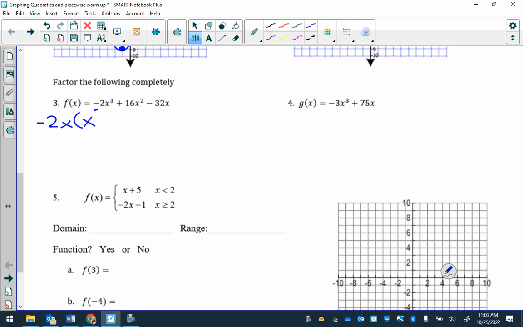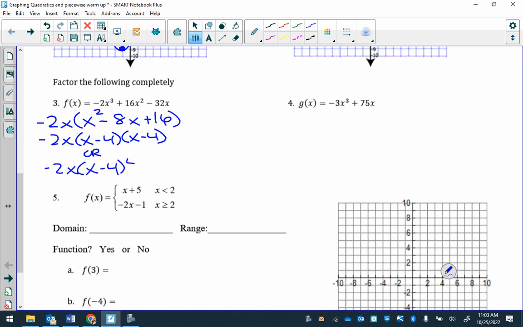And we have x squared minus 8x plus 16. It makes it a little easier to deal with because you don't have that negative in front. So we have negative 2x, x minus 4, x minus 4, or negative 2x, x minus 4 squared. Either one is acceptable. But one rule that you will see, when a negative comes first, you want to take that negative out.